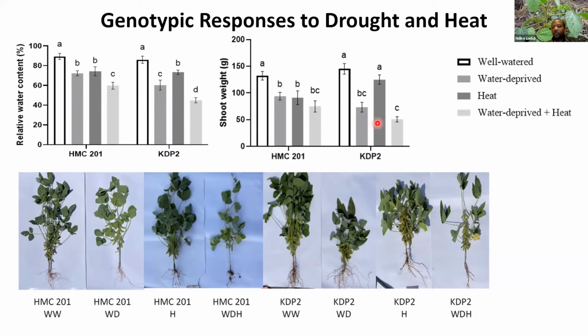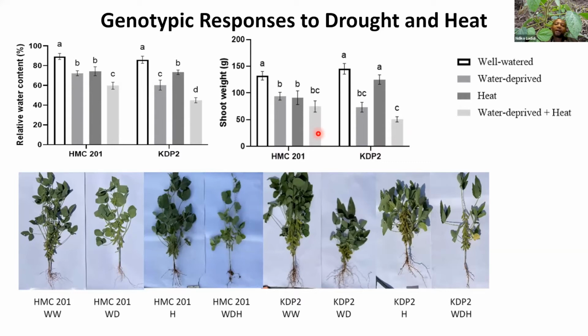And this is also reflected in the shoot weights. I'm not going to go bar by bar again, but very clearly, much more impact under combined stress in KDP2 than HMC 201 when one looks at the weight of the shoots.